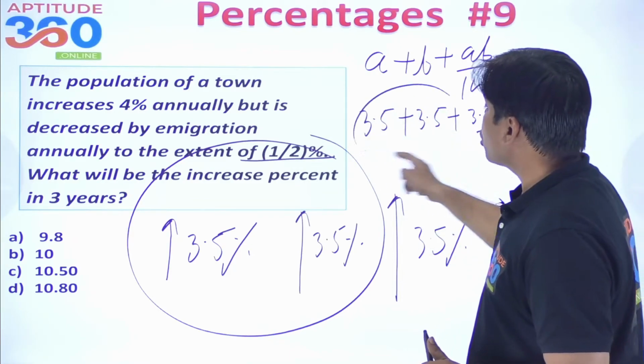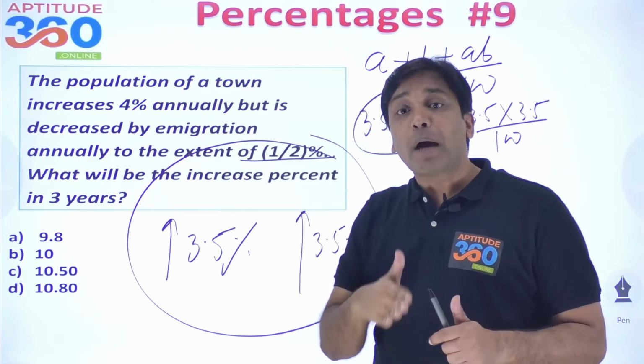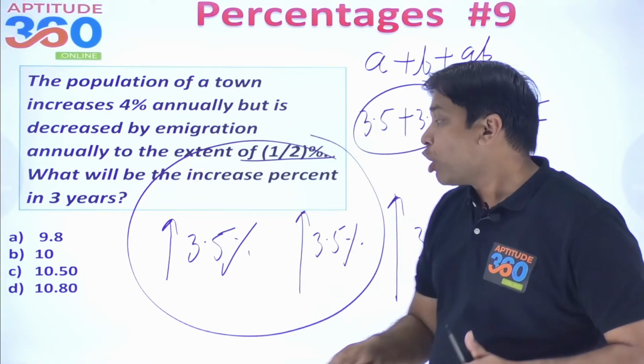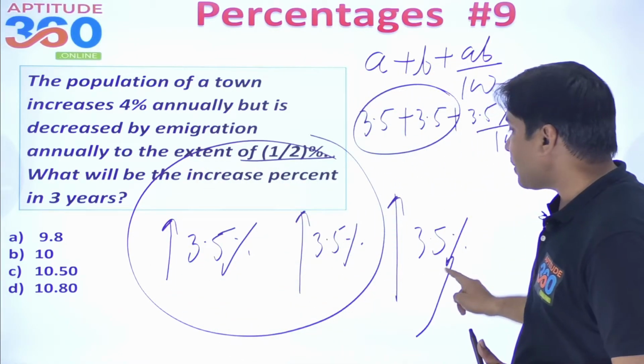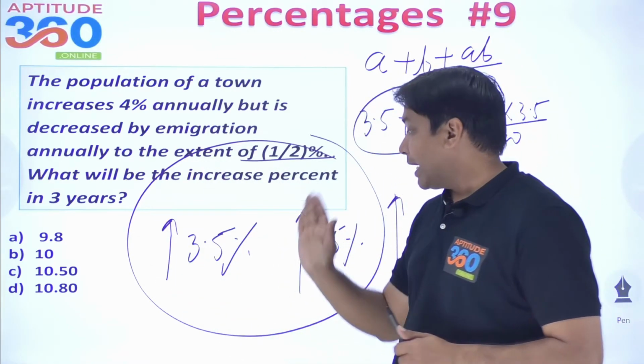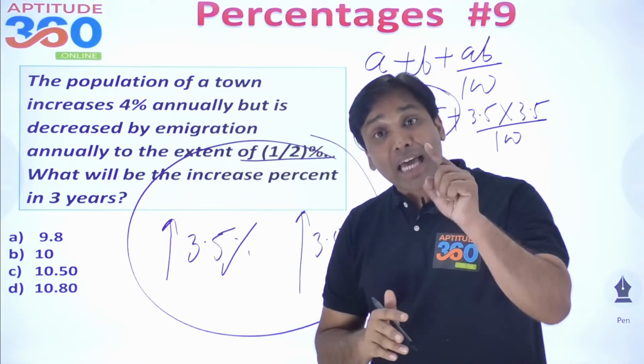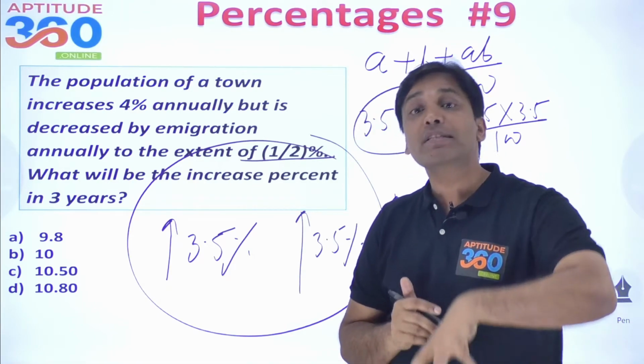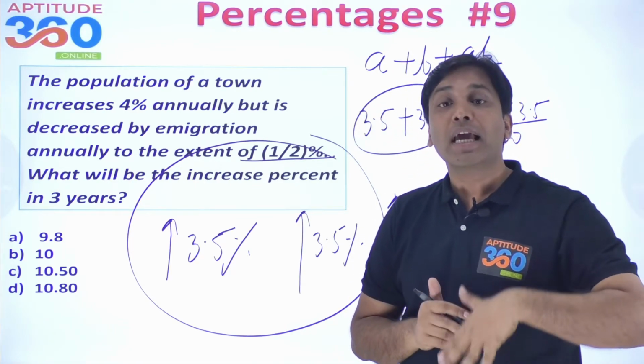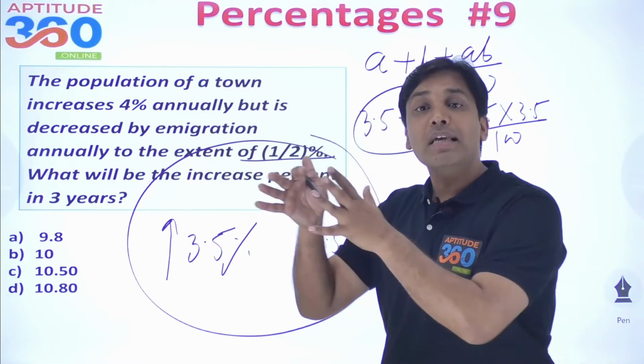So this value is not only 7, it is going to be a bit more than 7. Now what will you do? Whatever answer comes from here, you will apply it with the third one. What I mean is that 1, 2 and 3, if you add them up, this value is going to be 10.5. But the answer is not going to be 10.5. Obviously, the answer is going to be more than 10.5 because the AB formula says A plus B plus AB upon 100.